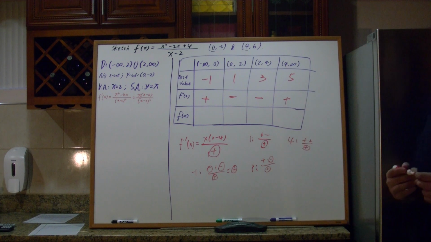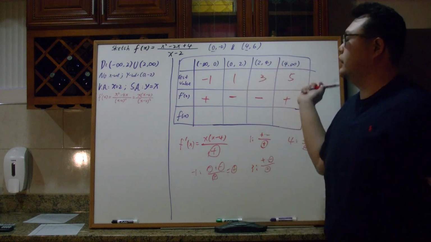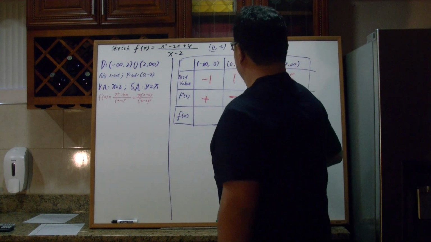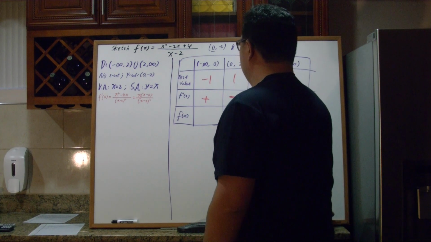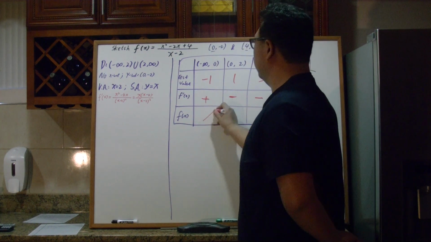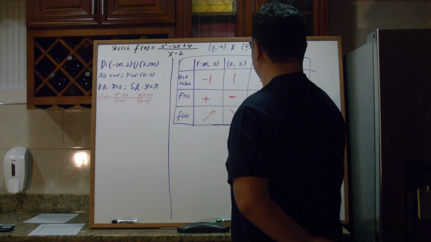Well, of course, if you know how to solve the polynomial inequality, when you see the x times x minus 4, you can just solve for the interval to see which one is positive, which one is negative. Then, of course, we have f of x, positive, that we have increase, negative, decrease, decrease, and increase.